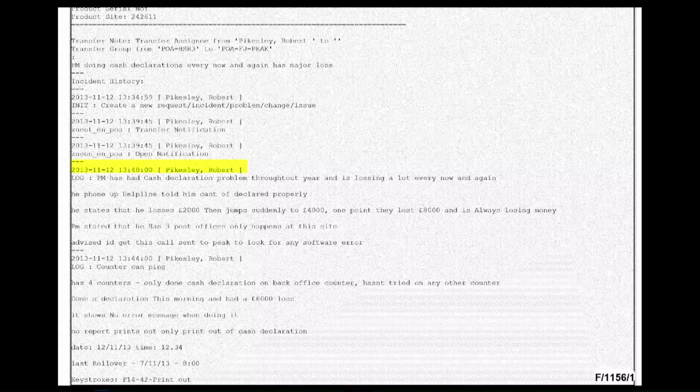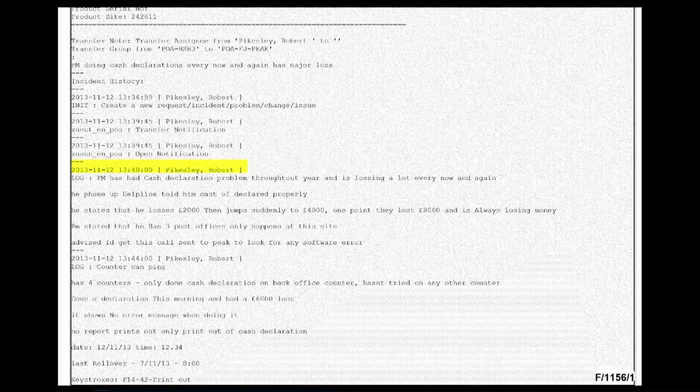"Postmaster has had cash declaration problem throughout the year and is losing a lot every now and again. He phoned up helpline, told him can't of declared properly." I think that means he phoned the helpline who told him that he can't have declared properly. Yes. "He states that he loses £2,000, then jumps suddenly to £4,000. At one point they lost £8,000 and is always losing money."